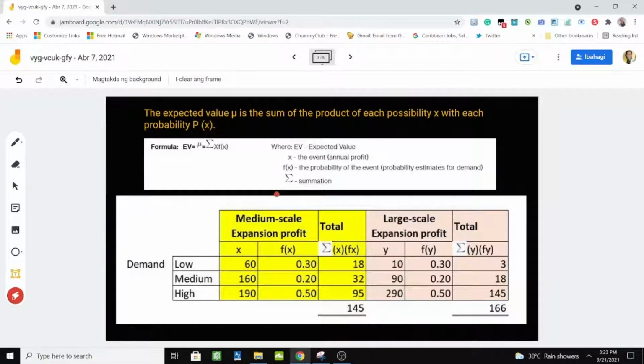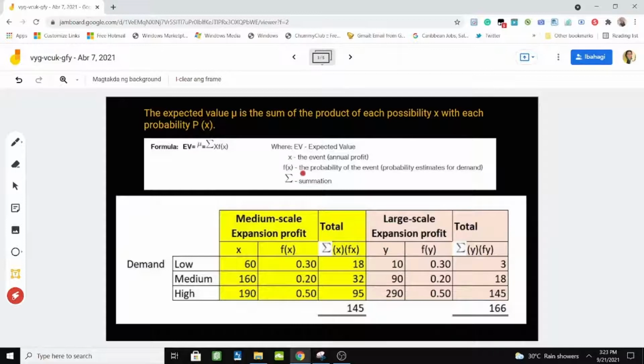So if we are going to put the expected value into a formula, the formula will be EV mu equals the summation of x and fx, where EV is expected value and x is the event, or in this case it refers to the annual profit, which is this one, x, and this one, y.